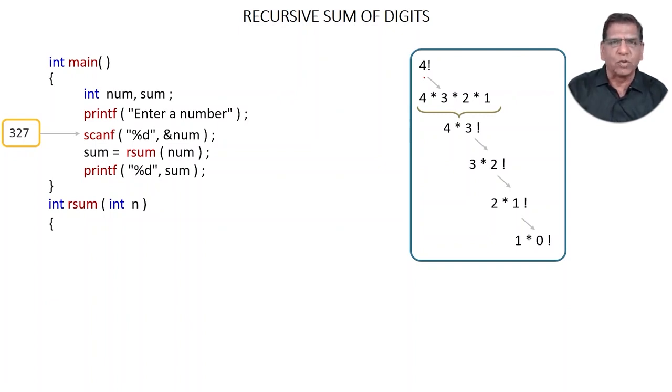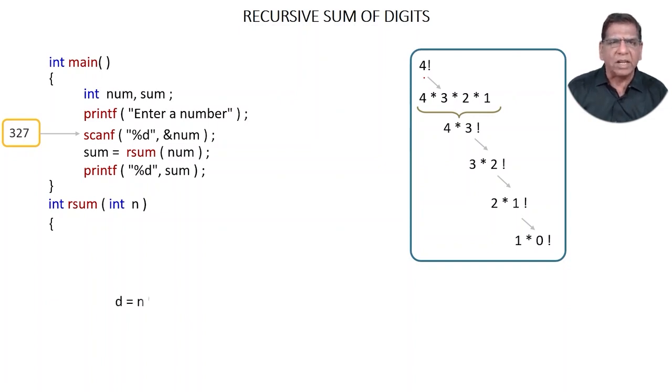What applies to 4 factorial equally applies to sum of digits of 327. Sum of digits of 327, I can look upon that as 7 plus sum of digits of 32. The way I say 4 factorial is 4 into 3 factorial, similarly sum of digits of 327 is 7 plus sum of digits of 32.